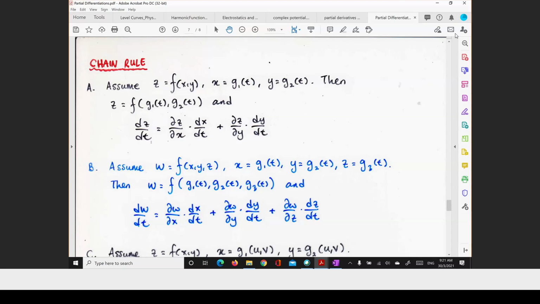And dz/dt can be evaluated according to this chain rule: z partial x times dx/dt plus z partial y times dy/dt. Notice in this equation there are some terms involving partial derivatives and some involving straight derivatives. Let's see some examples of that.